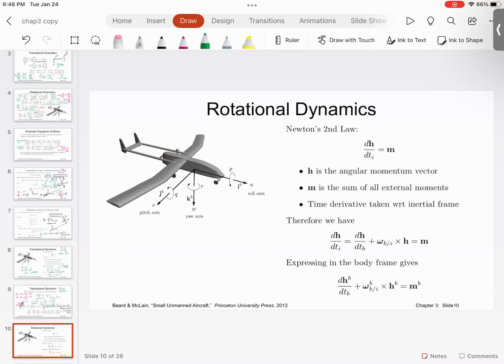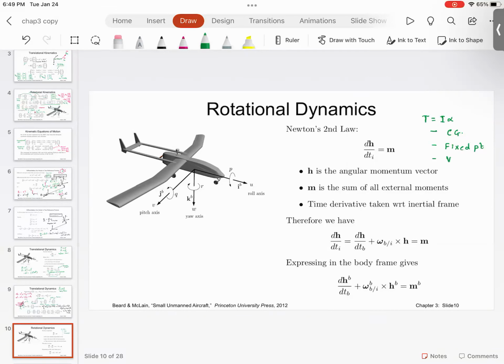Everyone understood this? But if someone asks, remember the equation we are used to seeing, T equals I alpha. This equation is only valid when you apply it at the CG, or at a fixed point, or when the velocity of that point is perpendicular to the angular motion, which means the cross product is zero.